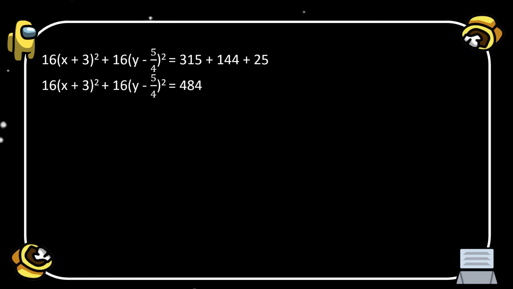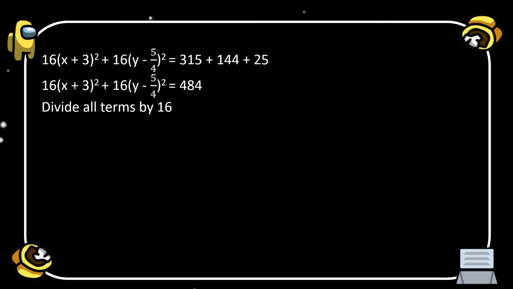Okay, so we have here 16 times x plus 3 squared plus 16 times the quantity y minus 5 over 4 squared is equal to 484. So remember that 484 came from 315 plus 144 plus 25. So the result is 484.